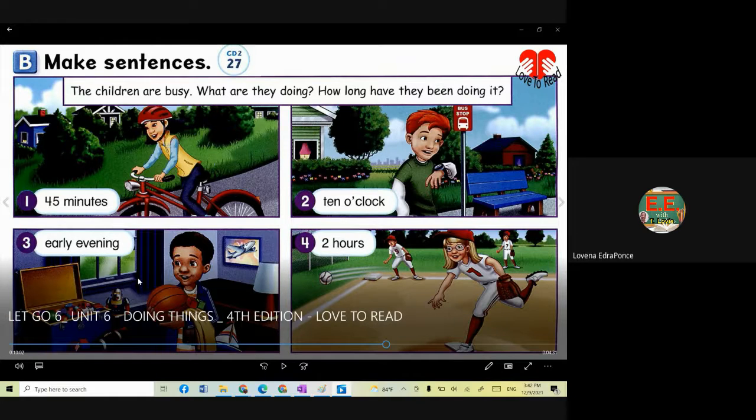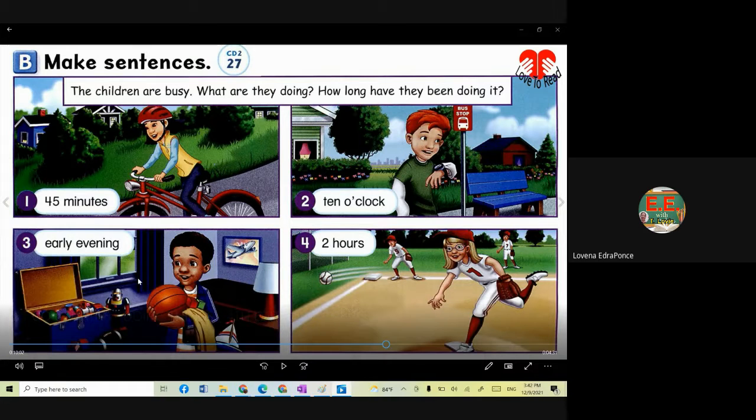Number 3, early evening. Early evening tells us when the action started. So since early evening. And number 4, 2 hours. 2 hours tells us how many hours. So we're going to use for.